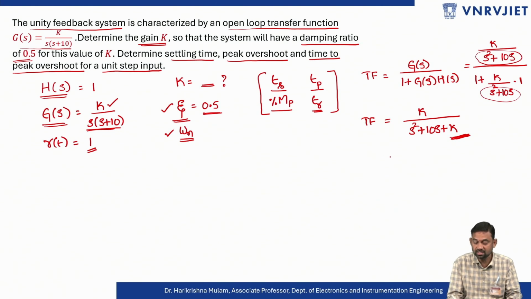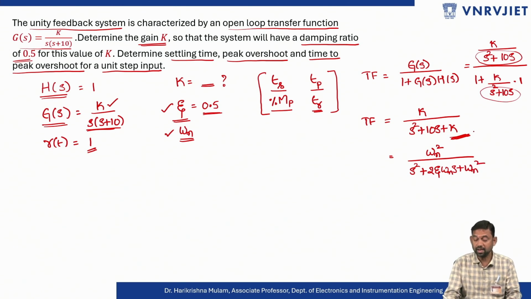We have already discussed it several times. The standard form is omega n square by s square plus 2 zeta omega n s plus omega n square.